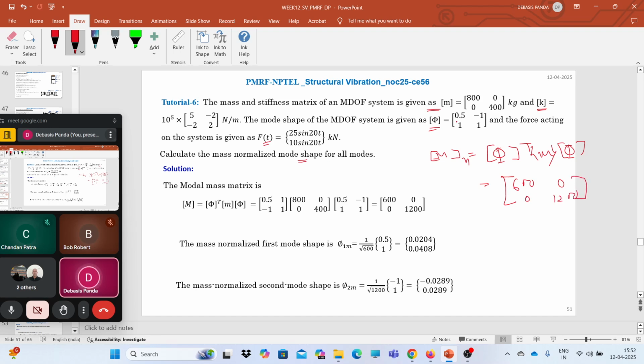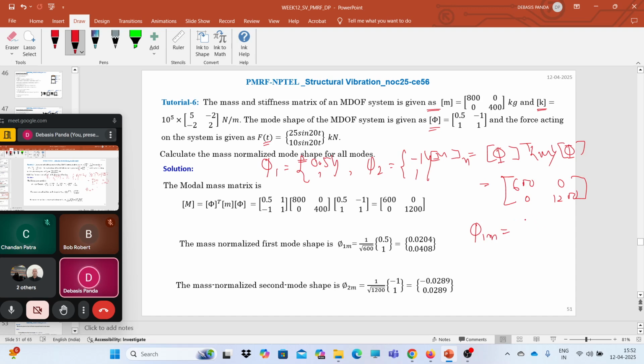Now we have the first mode shape. From this modal matrix we can easily extract the first mode. What should be the first mode? 0.5 and 1. What should be the second mode? minus 1 and 1. Now we need to normalize with respect to the mass. So what will be the normalized mode shape with respect to mass?